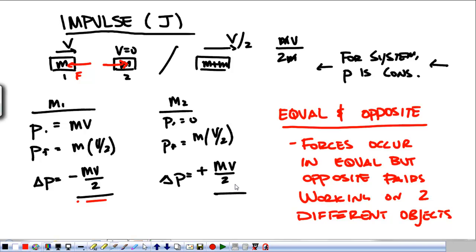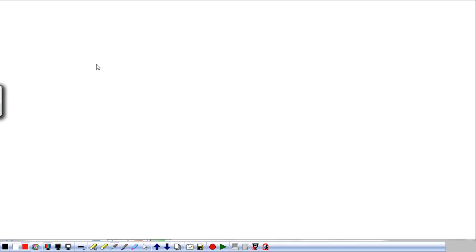So the next part, let's just talk in general. The change in momentum for any one given object in a collision as it's dealing with something is the mass of the object times the change in velocity of the object.